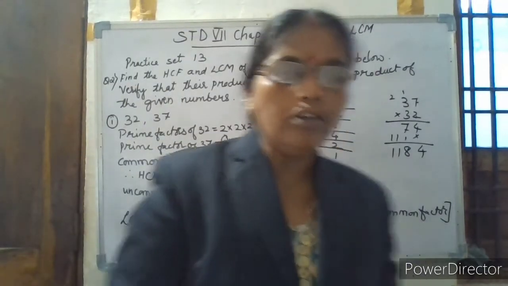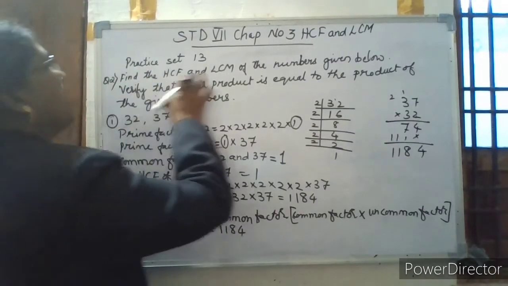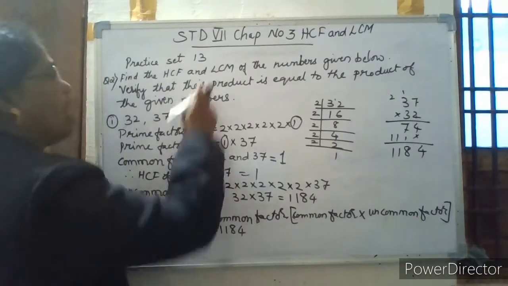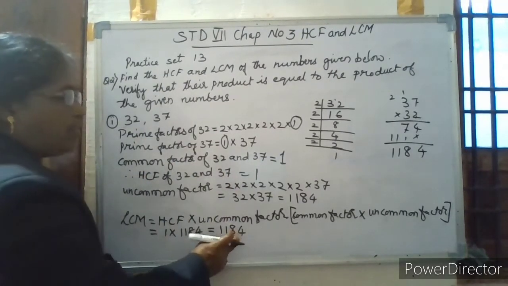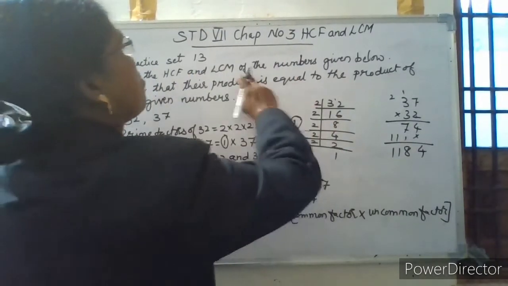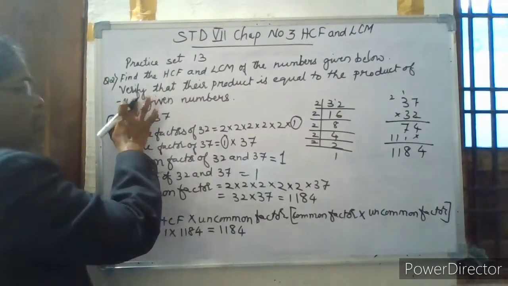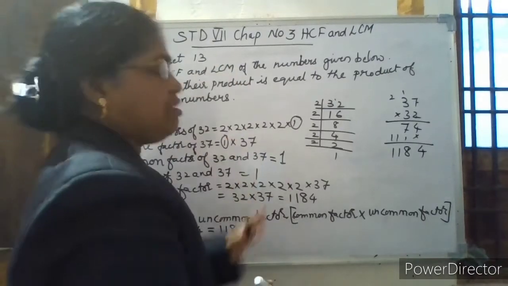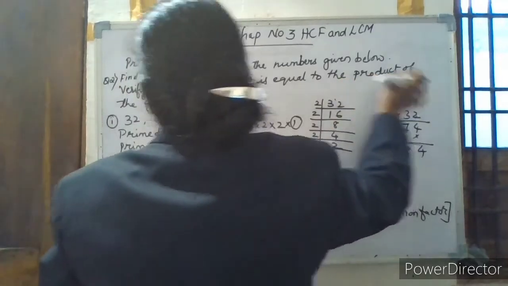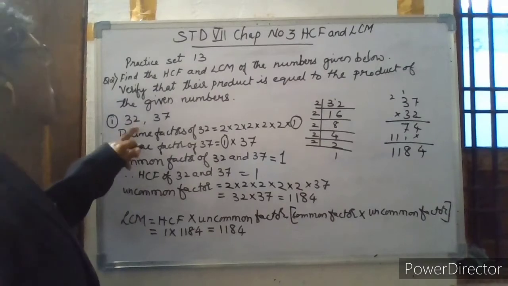Now according to the given question, let us verify what is given. Find the HCF and LCM. I have found the HCF equal to 1 and LCM equal to 1184. So that is how to find the HCF and LCM of the given numbers. Verify that their product, means the product of the HCF and LCM, is equal to the product of the given numbers. What are the given numbers in the question? 32 and 37.